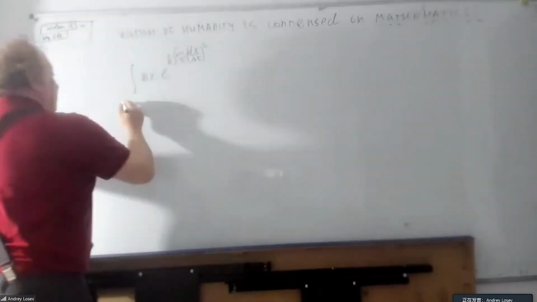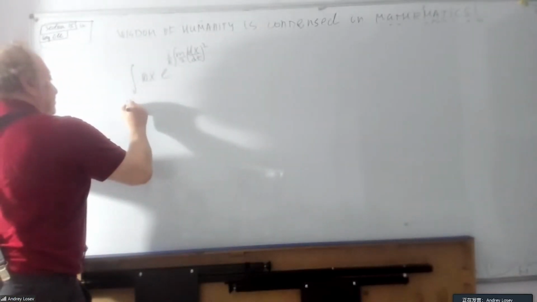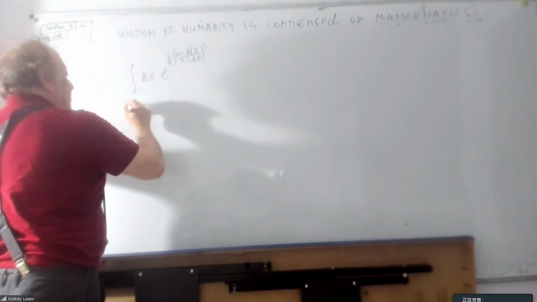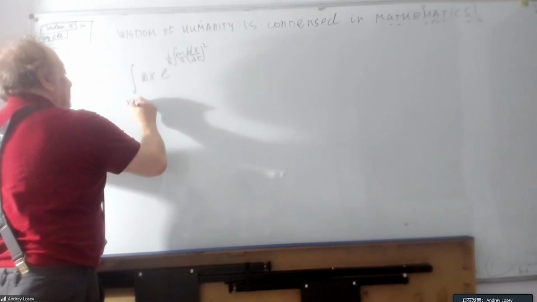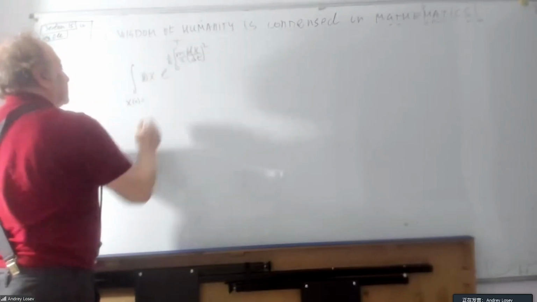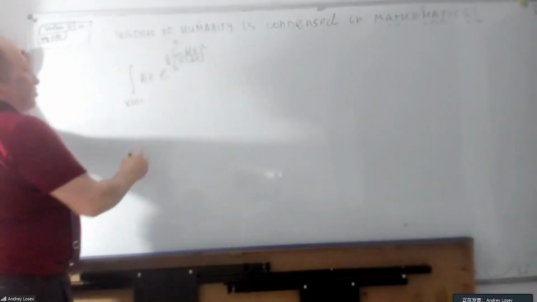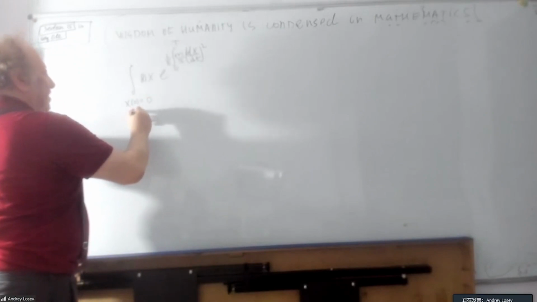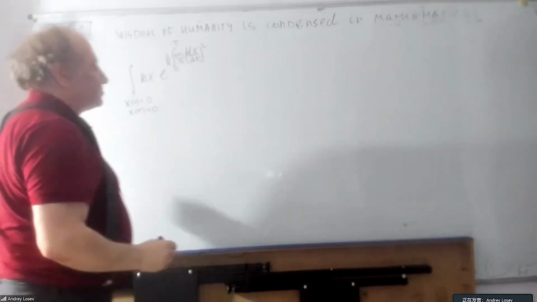And let me integrate with the following boundary conditions. X at 0, integral from 0 to t as always. X at 0, let me take it to be 0. And let x of t also be 0.